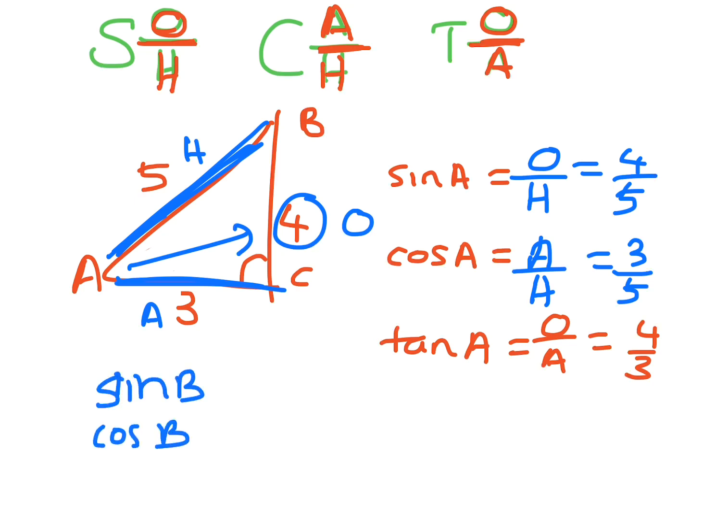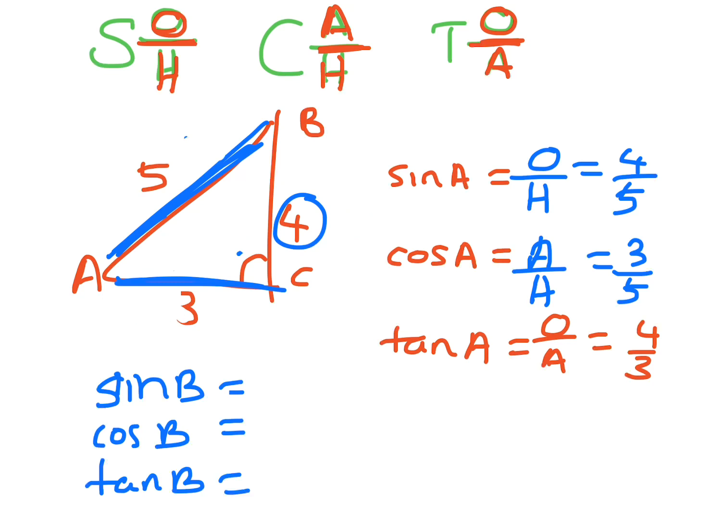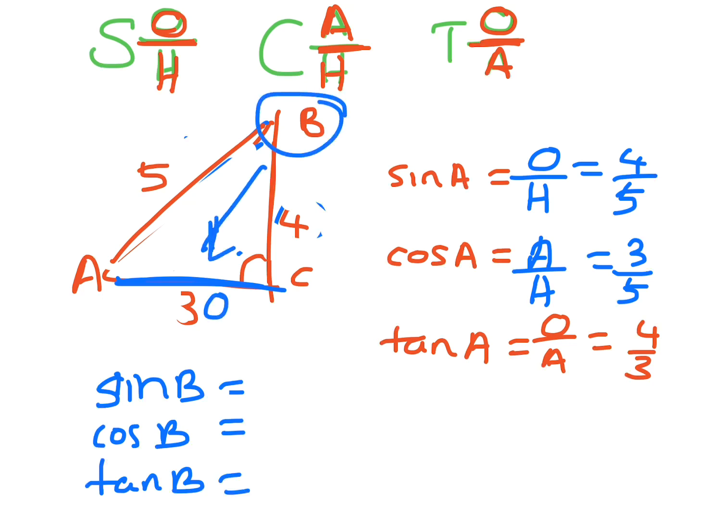Okay, so if I swapped it now and I use B, and I wanted to find sine B, cos B, tan B, how would that actually affect it? So if you now didn't have all this on here and you wanted to find things that are related to B, there's B. The opposite is now 3.